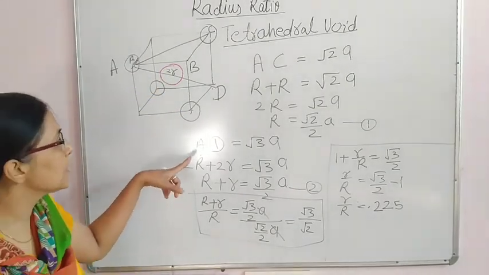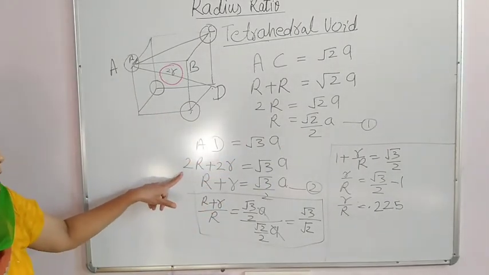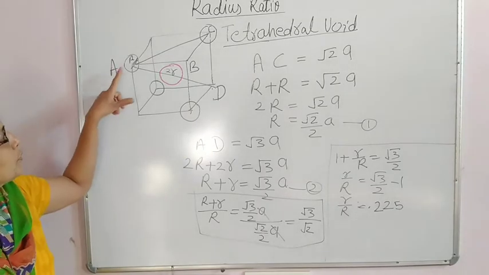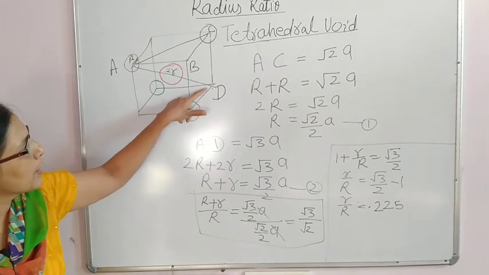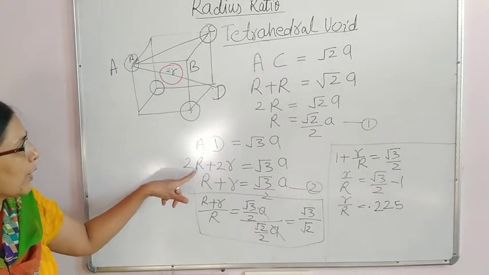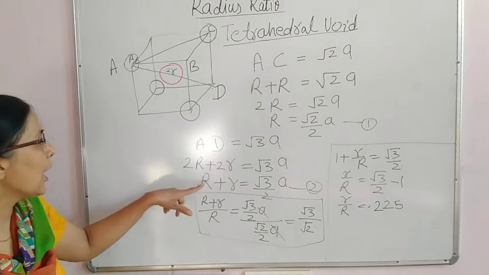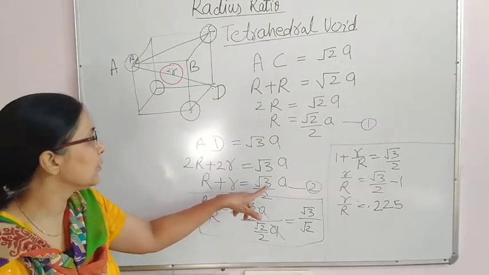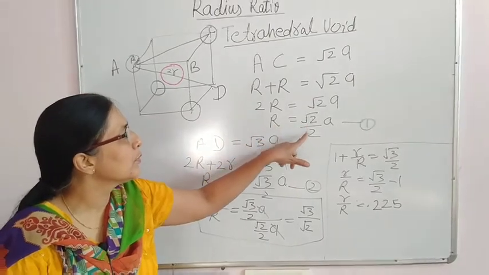So I have written the same: AD is equal to root 3 a, then AD is equal to this R plus 2 small r plus 1 capital R. So 2R plus 2r is equal to root 3 a. So R plus r is equal to root 3 upon 2 a. I got here also R is equal to root 2 upon 2 a.